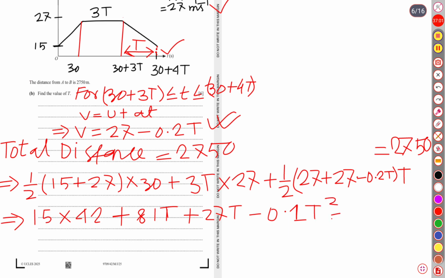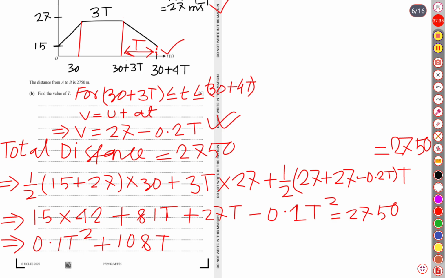t squared is equal to 2750. Then if we simplify, it is going to be 0.1 t squared plus 108t, because 81 plus 27 is 108t.